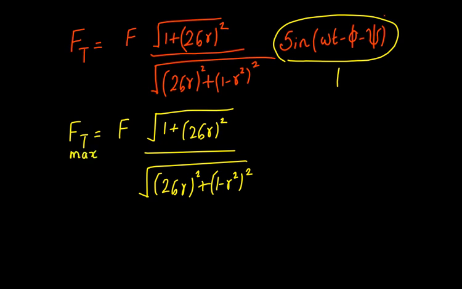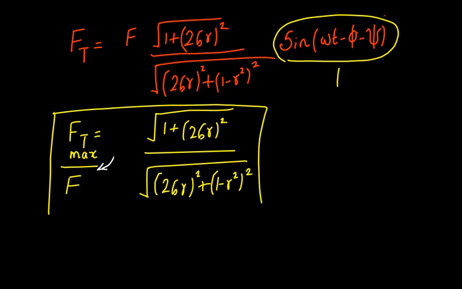And if you bring this F to the denominator, you get Ft by F, the ratio of the maximum force transmitted to the foundation to the force that you're actually applying, given by this expression. And that is our transmissibility ratio.